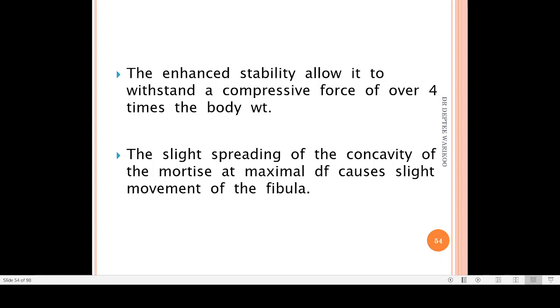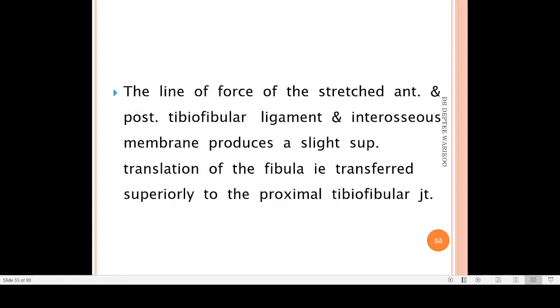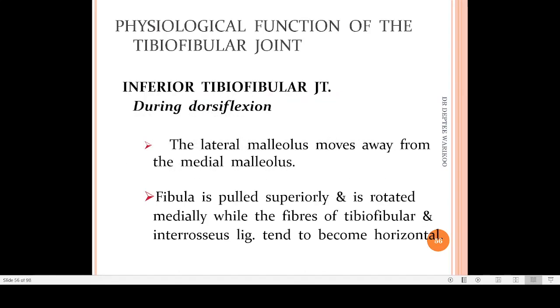The slight spreading of the concavity of the mortise at maximal dorsiflexion causes slight movement of the fibula. The line of force of the stretched anterior and posterior tibiofibular ligaments and interosseous membrane produces a slight superior translation of the fibula, transferred superiorly to the proximal tibiofibular joint.